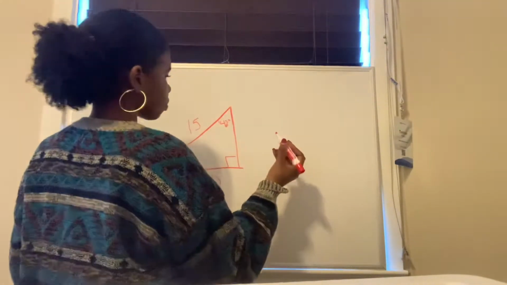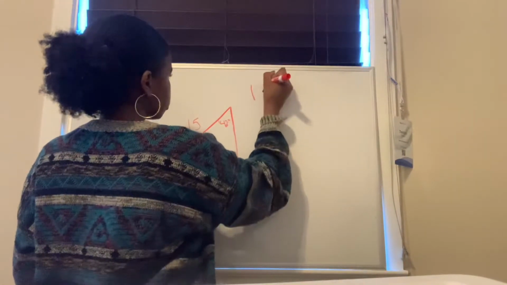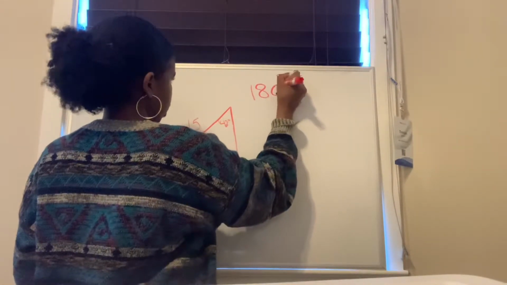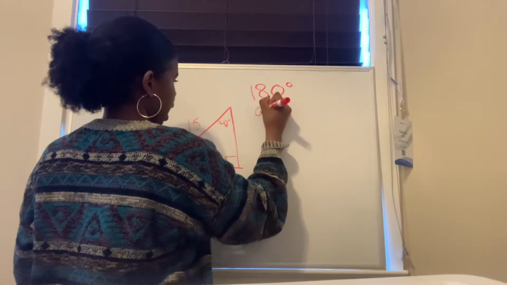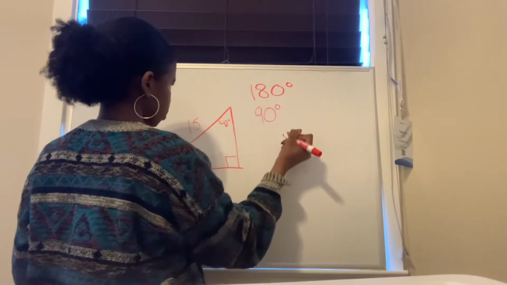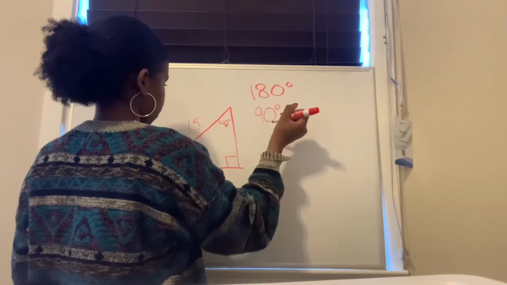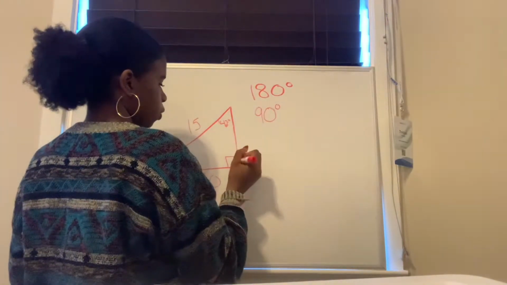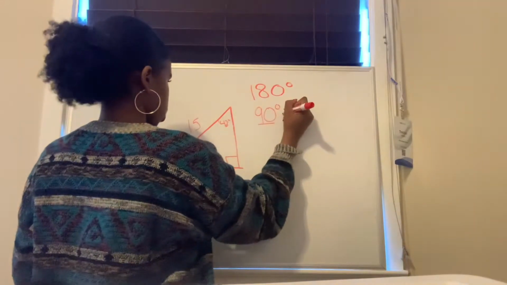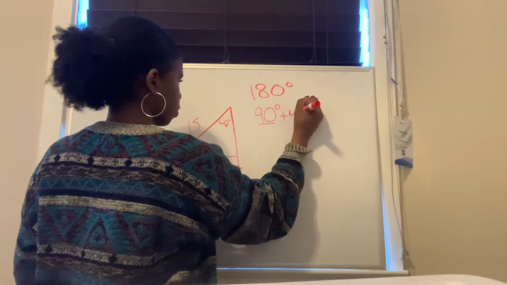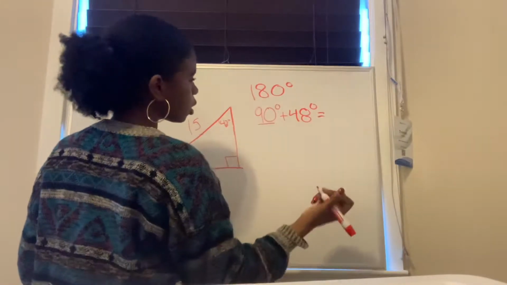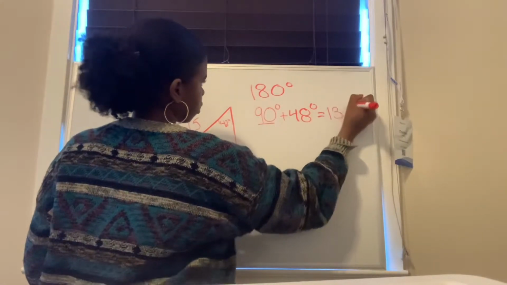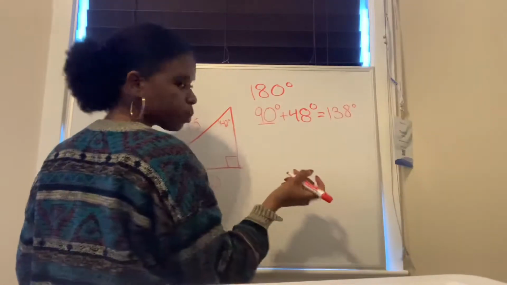Okay, so we know that every triangle is 180 degrees. And we know every right triangle has a 90-degree angle. So we know this right angle is 90. We found that theta was 48 degrees. So together, that's 138 degrees. Boom.